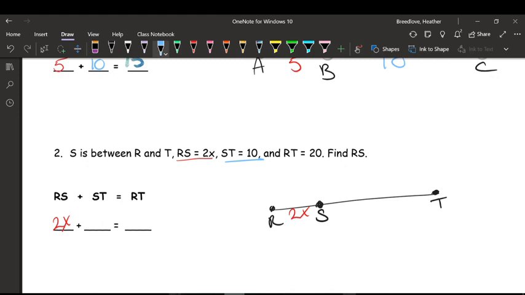So from S to T, that's 10. And this time it tells me that the whole length, RT, is 20. And is asking me to find, oh, sorry, I had the RT is 20.